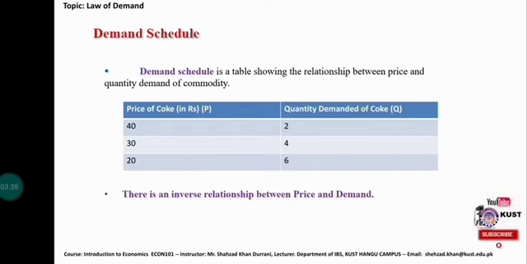If the price decreases to 30, then you are able to buy 4. So there is an inverse relationship. If the price is going down, the demand for the product is going up. Then if the price is reduced to 20, you can buy 6. So there is an inverse relationship between price and demand.